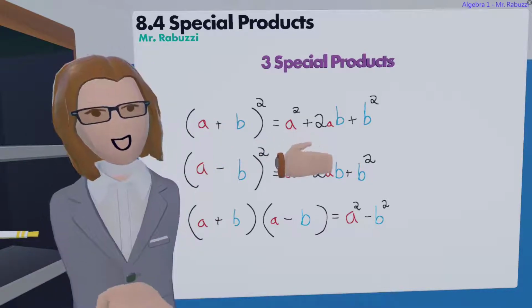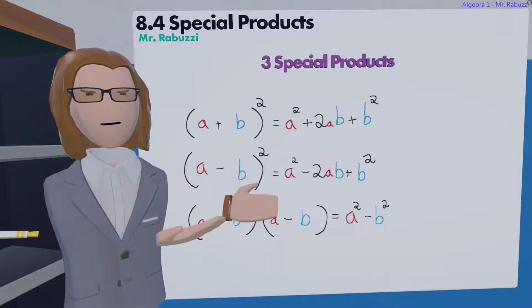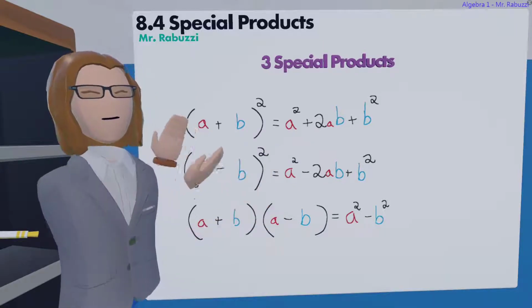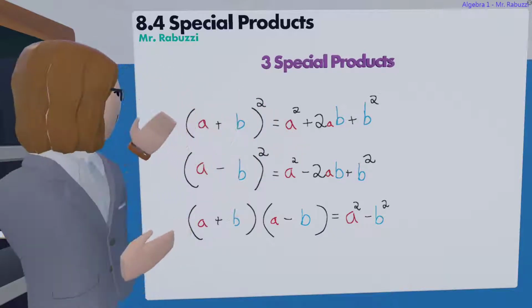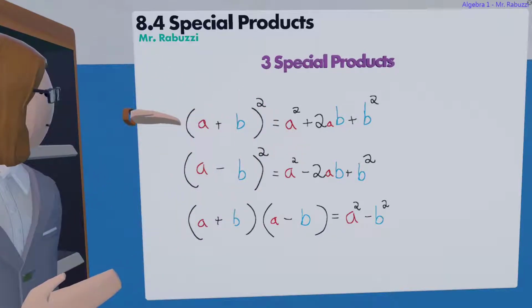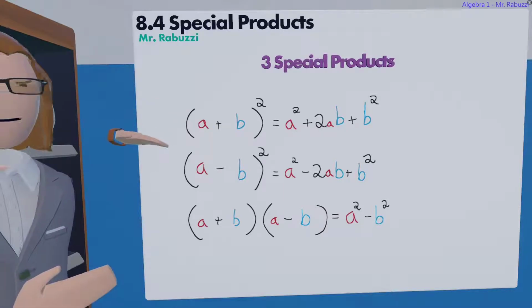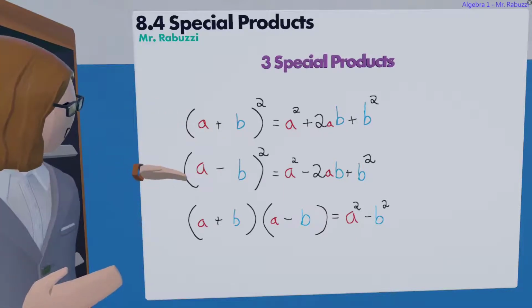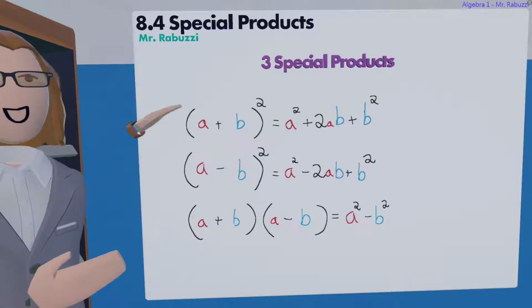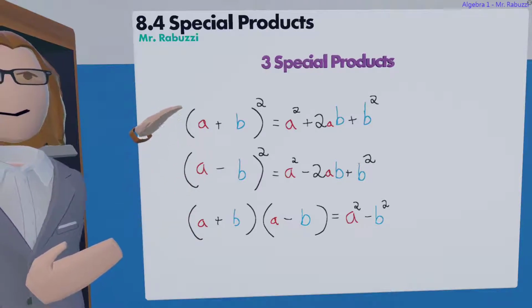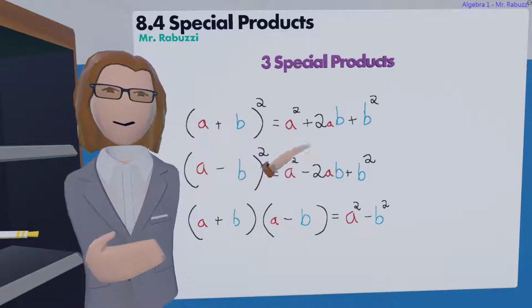It's not going to be A's and B's. We will put different numbers and different letters in there, but it'll be the same setup. We just jump from this to that. So this is the square of a sum, the square of a difference, and then the product of a sum and a difference. If you see these setups, we always can use the special product answer.